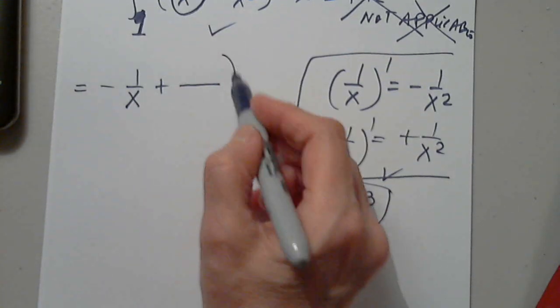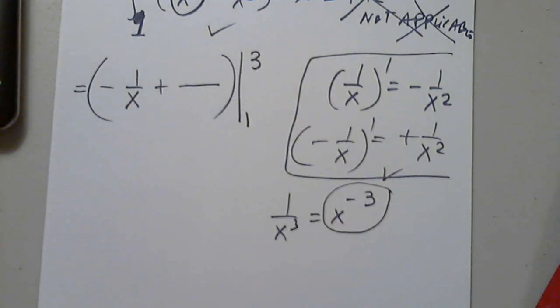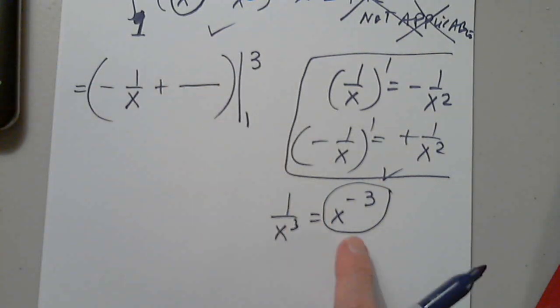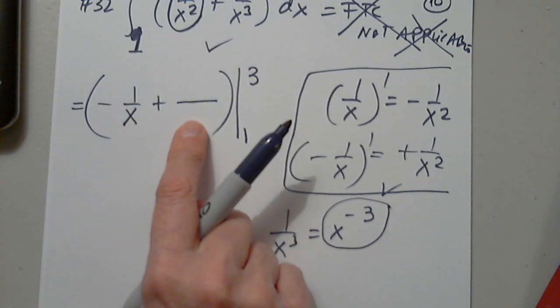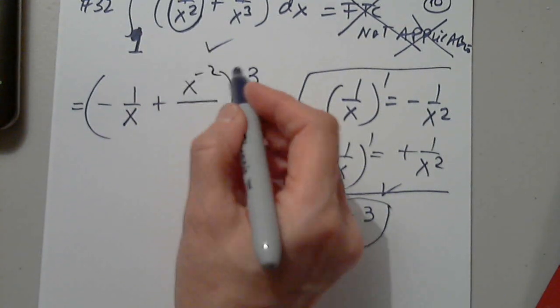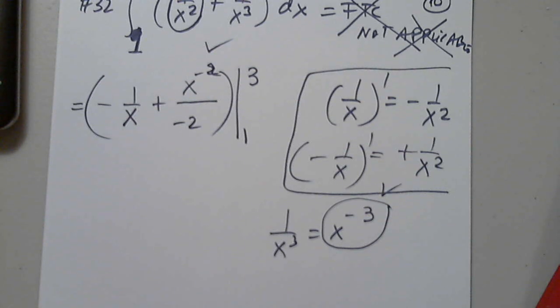So what do I write? Which function's derivative is x to negative 3? X to the negative second over negative 2. Awesome. That's it. Great job.